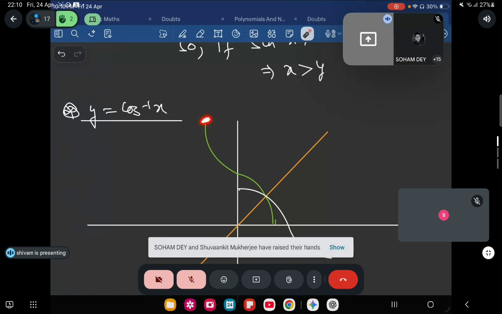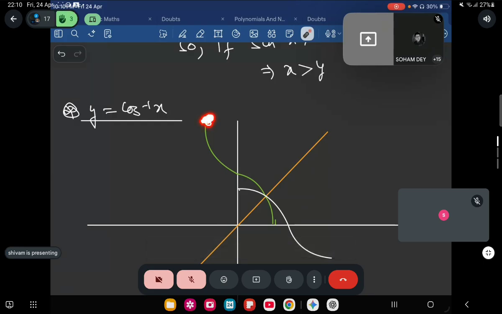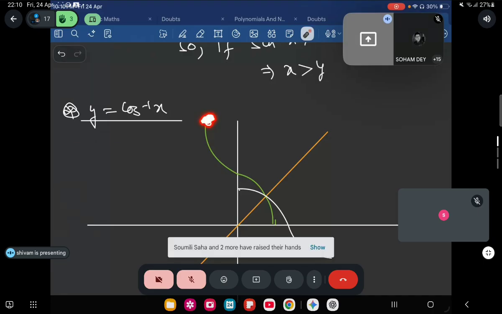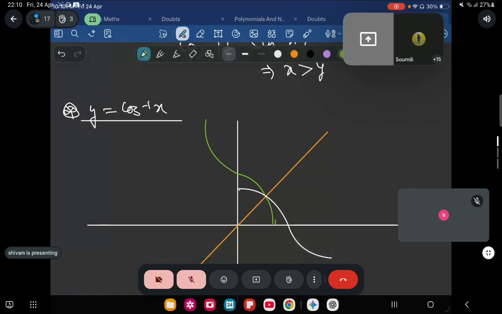Anyone else tell me? Yeah, Shamili, tell me. What are the coordinates of this point? Sir, it is minus 1 comma pi. Minus 1 comma pi is correct. Okay.